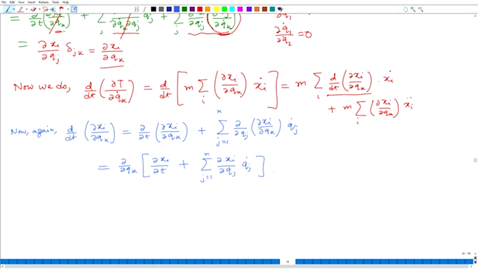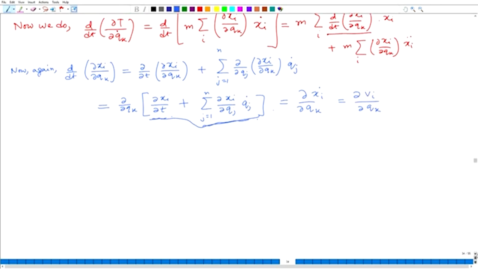And finally, if you see carefully, what is this? This is dx_i/dt. So, this is nothing but ∂/∂q_k of x_i dot, or you can write ∂v_i/∂q_k. That is possible.